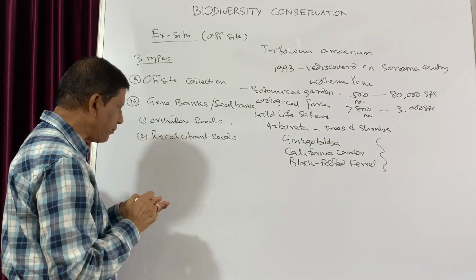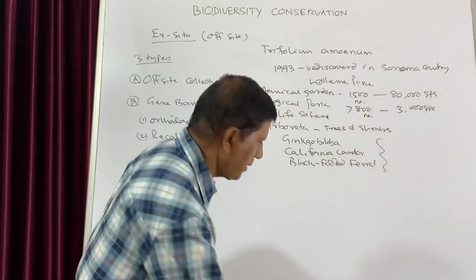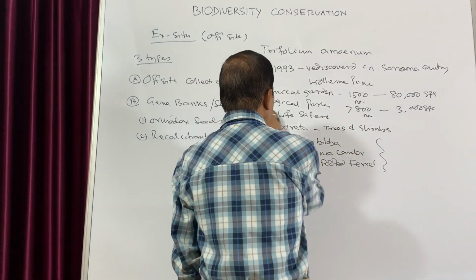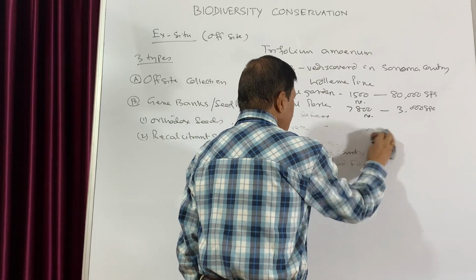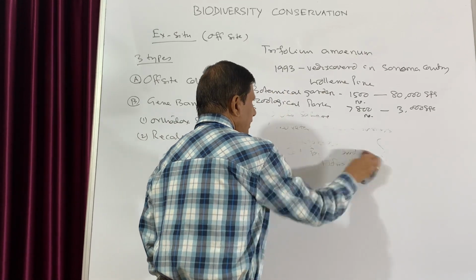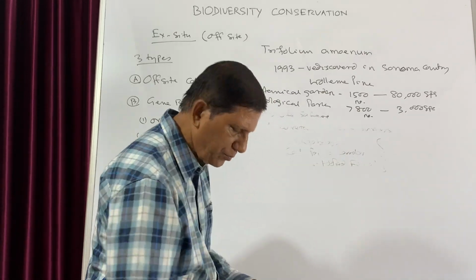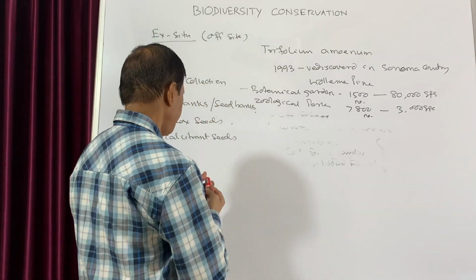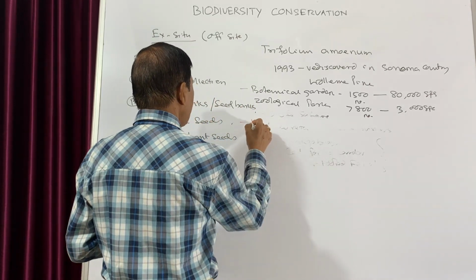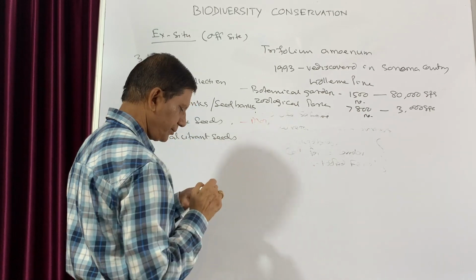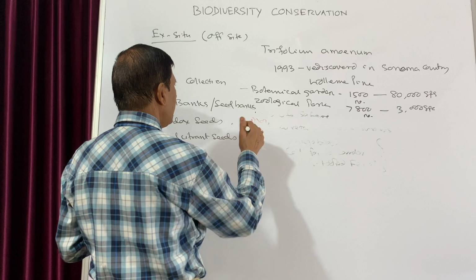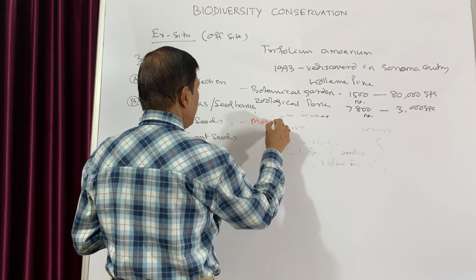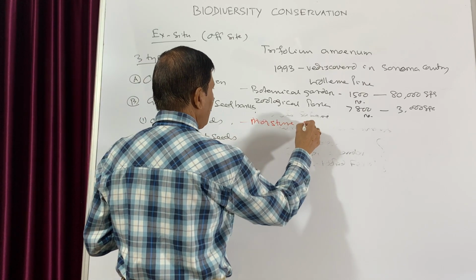Now, what is the difference between these two seeds? Orthodox seeds are seeds which can tolerate moisture down to 5%.